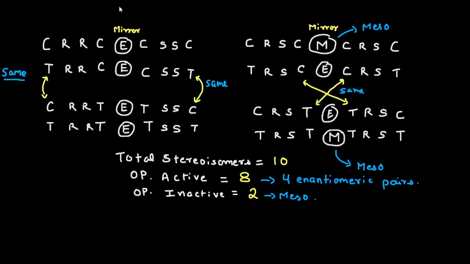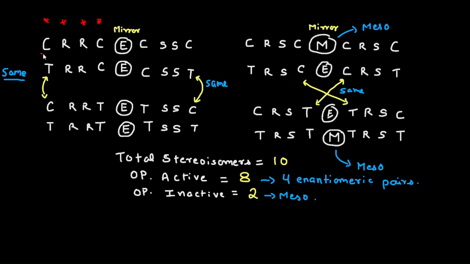Now, the 16 possibilities I have drawn, let us try to understand it very importantly. As you understand, there are four possible places where you can generate the stereoisomers. So I will take each case one by one.